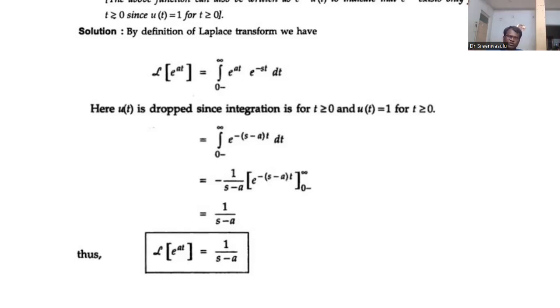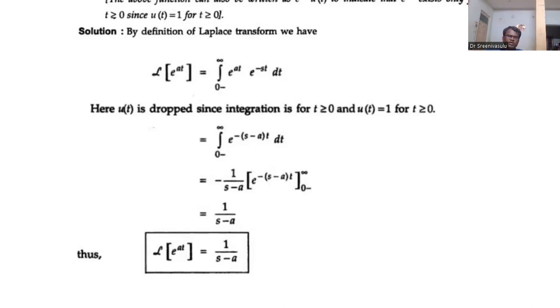So for what range of values of sigma does it exist? s minus a must be greater than 0, not equal. Whenever s minus a is positive, e power minus infinity goes to 0, and the remaining term e power minus 0 is 1; the minus signs cancel.